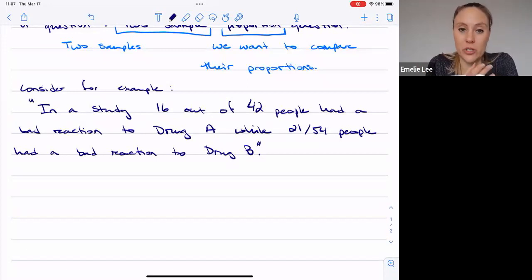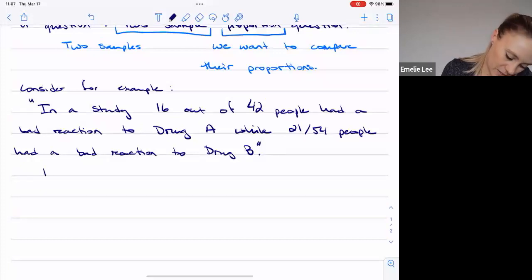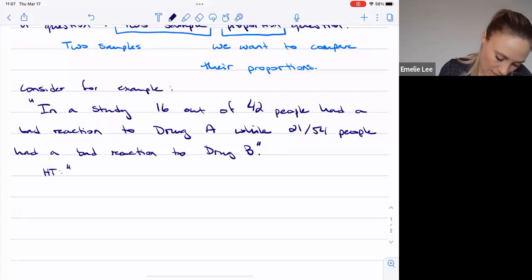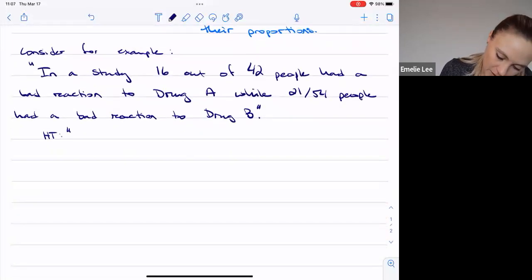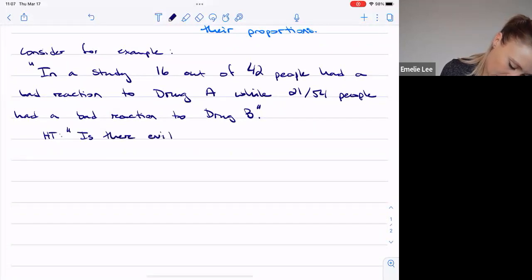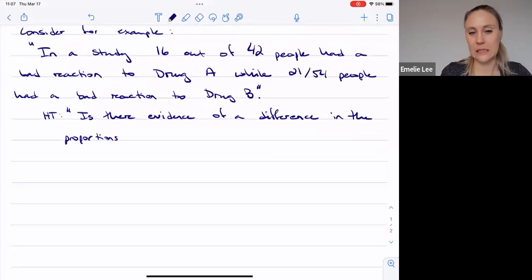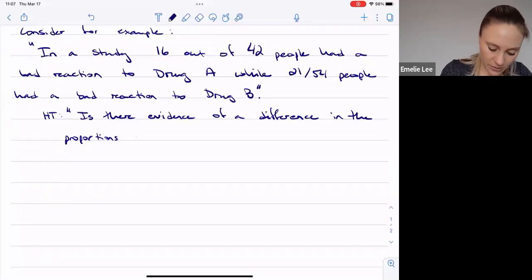Okay, something like that. And then we can ask questions like, is there a significant difference in the proportion of people who have bad reactions to drug A versus drug B? Right, so if it's a hypothesis testing question, it might follow up with, is there evidence of a difference in the proportions of bad reactions?